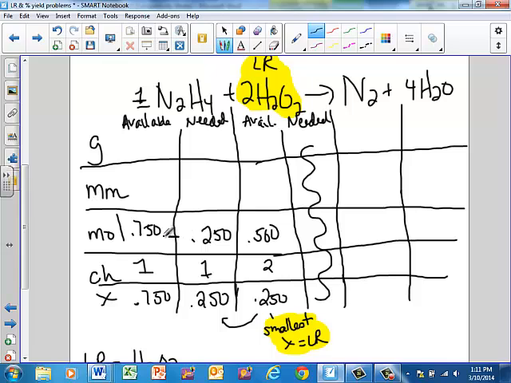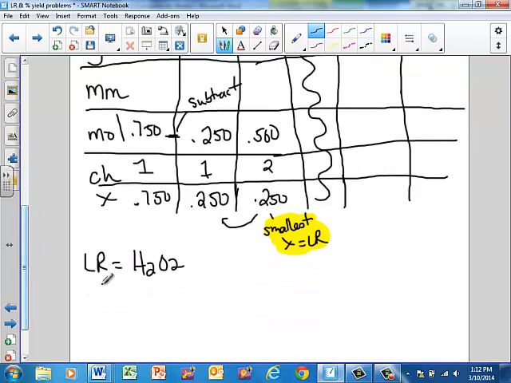But remember, that is not my answer. My answer is that I have to subtract these two. So if I take 0.750 and I subtract 0.250, that's going to tell me that my moles of excess reactant is going to be 0.500 of the hydrazine, or N2H4.